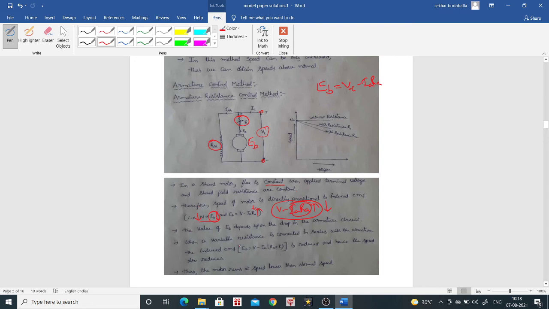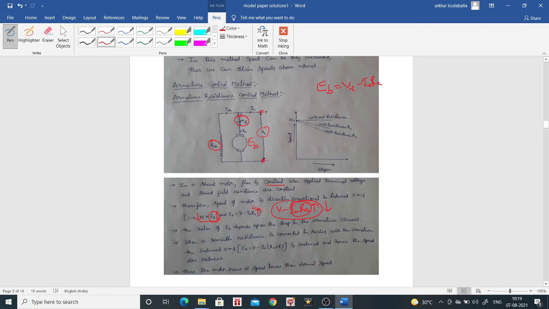That's why when a variable resistance is connected in series with the armature, the induced EMF EB, which is equal to V minus Ia times (Ra plus R), where R is the external resistance added in series with the armature, is reduced, and hence the speed also reduces. Thus the motor runs at a speed lower than the rated speed.